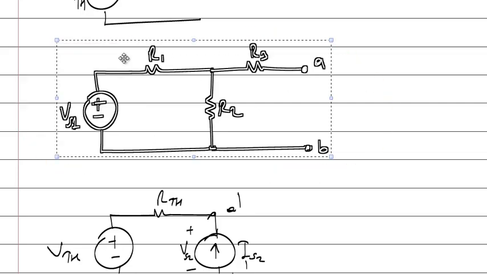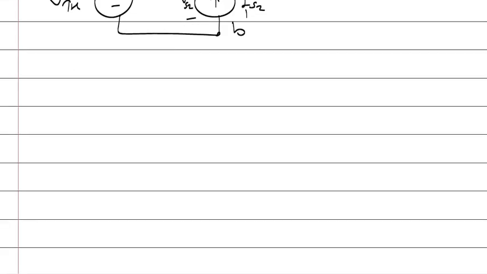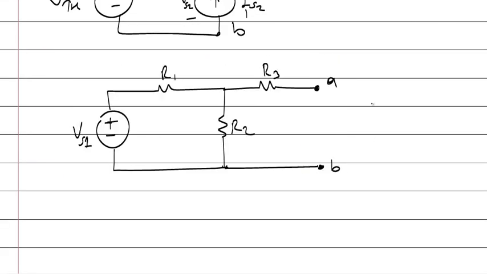What's the Thevenin voltage and Thevenin resistance of this circuit? The open circuit voltage. Okay, you don't connect anything. You directly calculate the voltage of the points. That's the Thevenin voltage.